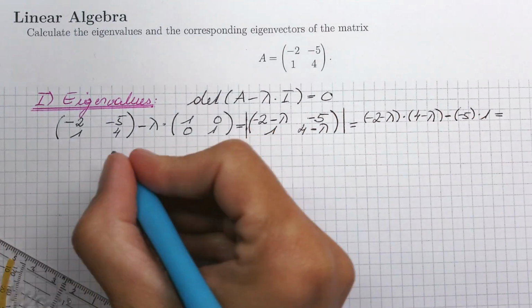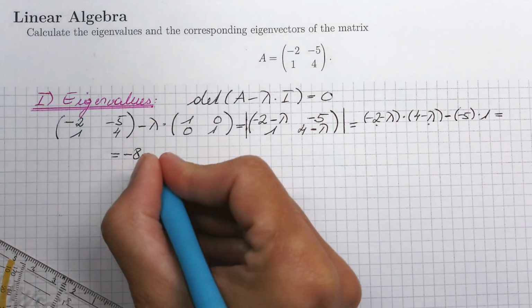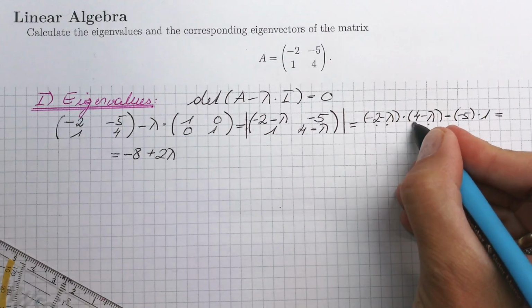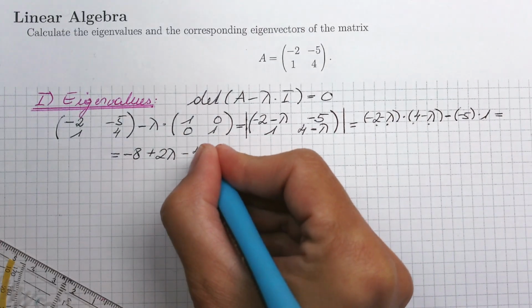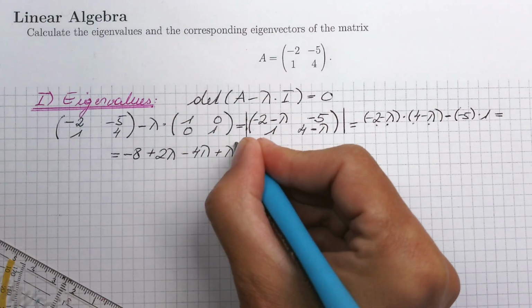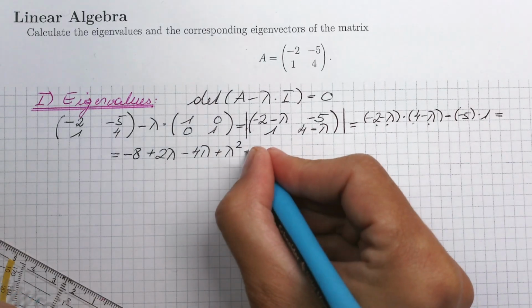-2 times 4 is -8, -2 times minus lambda is +2 lambda, minus lambda times 4 is -4 lambda, and minus and minus is plus lambda squared. Now we are here, minus and minus is +5.